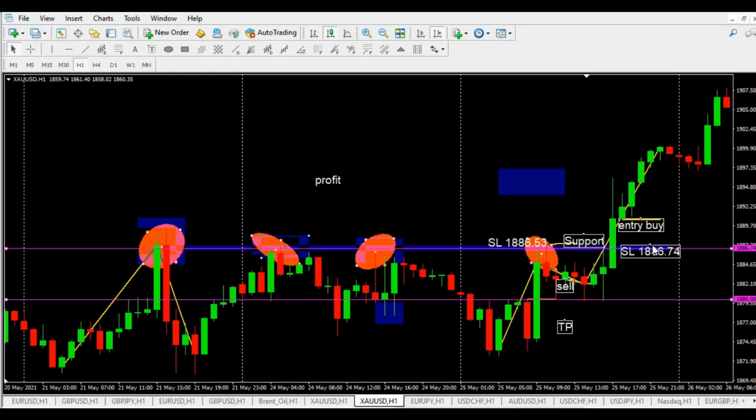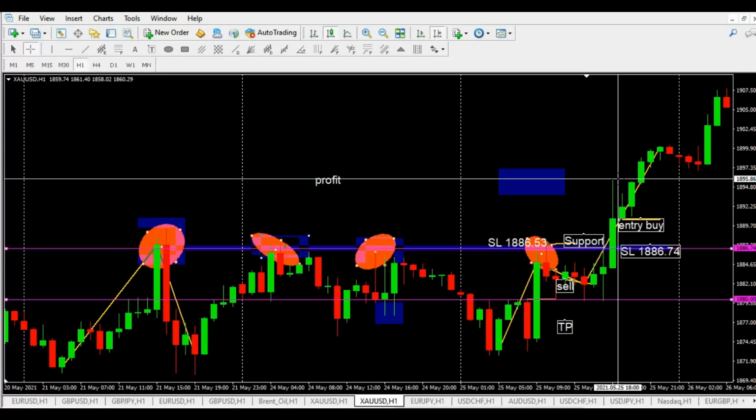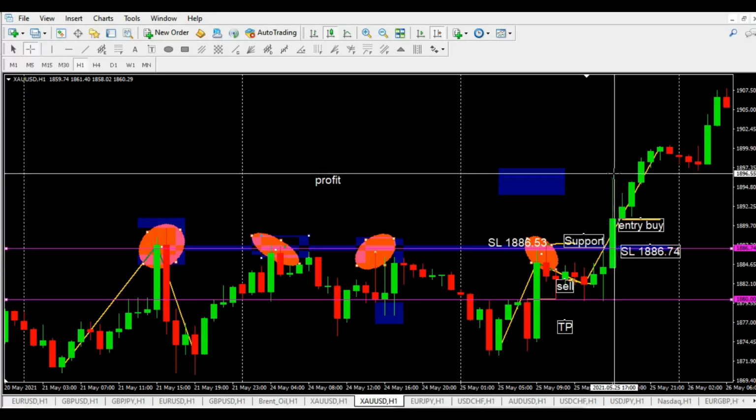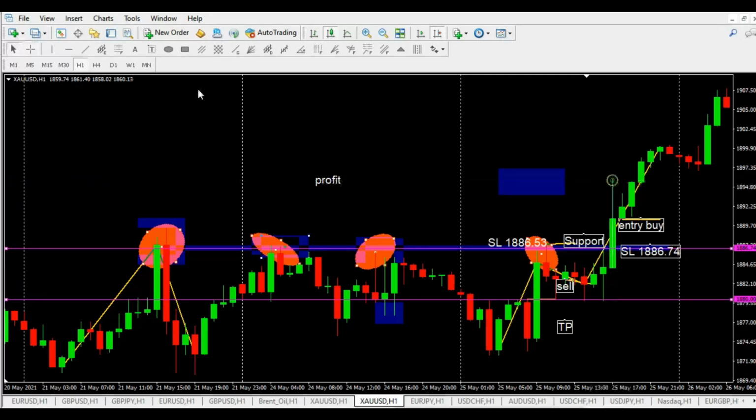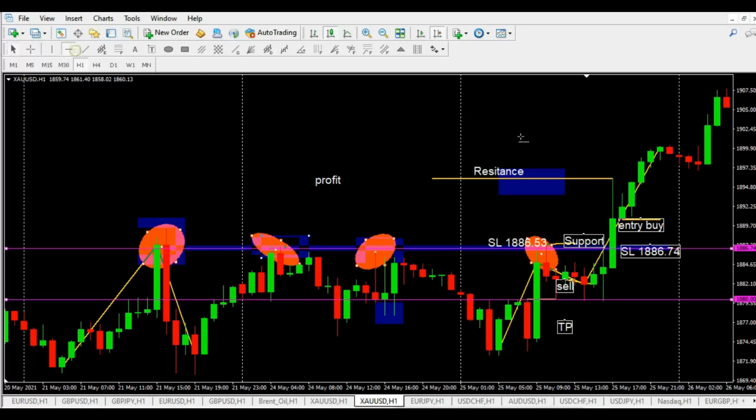And then where do we put our take profit? Look at the next resistance, because the price went very high and then pulled down. So the higher price becomes resistance.